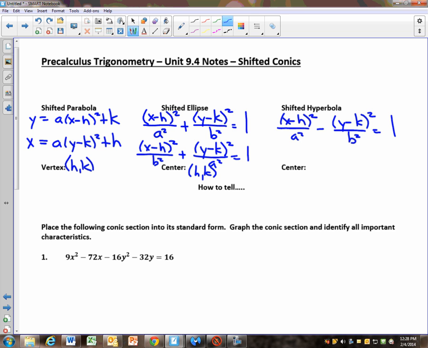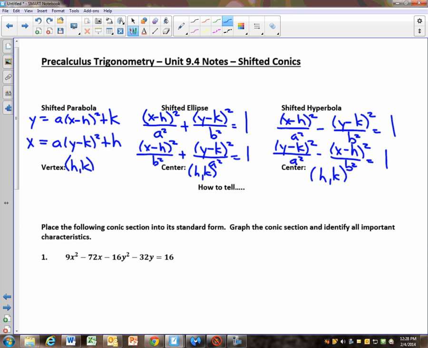Which is it? Why is it horizontal? Because x is positive. So if you want to make it vertical, I'll make the y positive. Y minus k quantity squared over a squared minus x minus h quantity squared over b squared is equal to 1. Again, the center is at h, k.